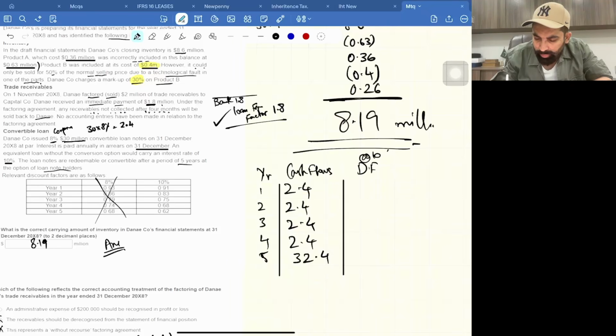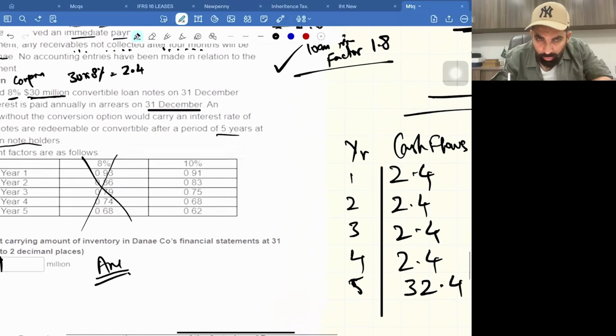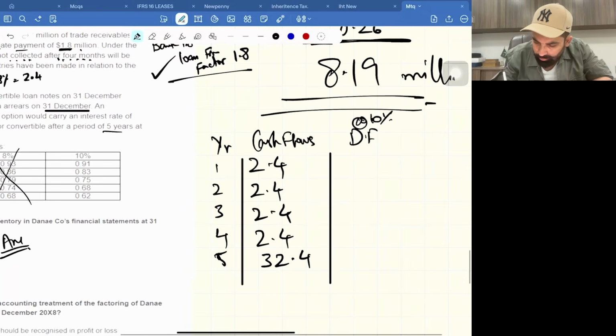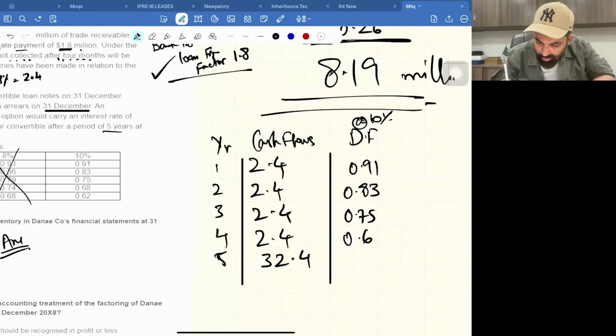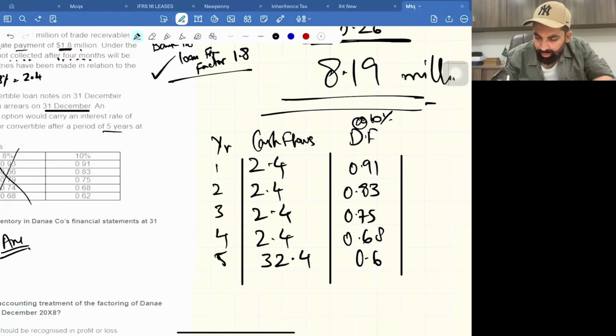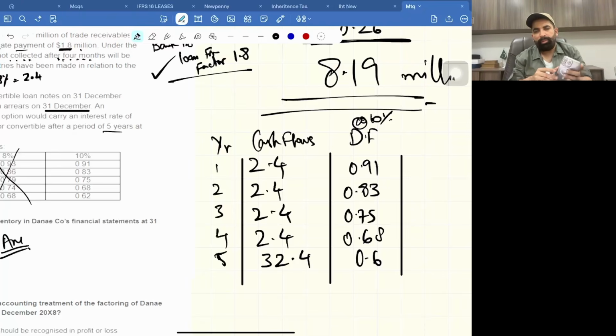The rate is 10%, so the discount factors are 0.91, 0.83, 0.75, 0.68, 0.62. Now can you multiply it? 2.4 multiplied by 0.91.